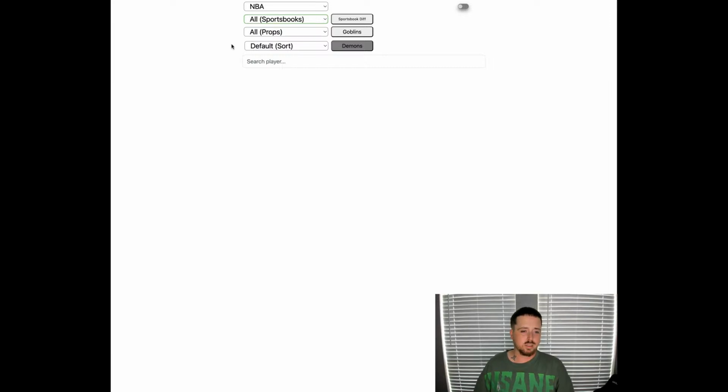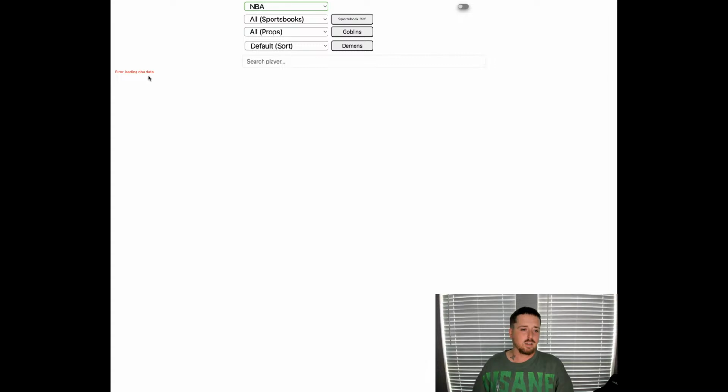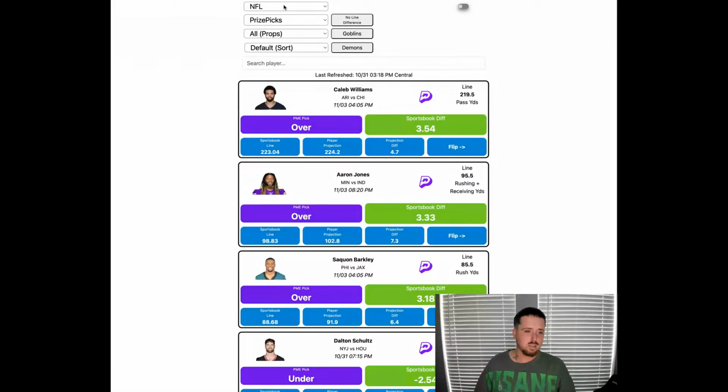Let me refresh for a second. Hold on. Okay. Why is it error loading data right now? Our guys must be working on it right now. That's tough timing at the moment. Hold on a second. They need to stop working on this shit right now.